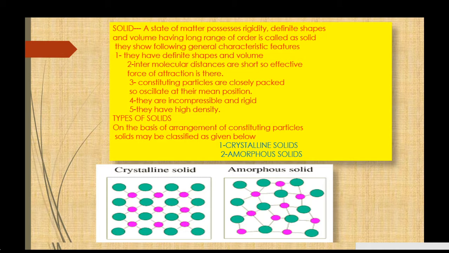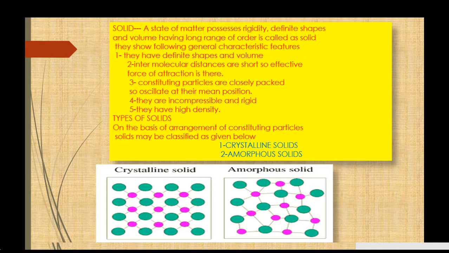But in nature, how can we say that the material which we see looks like solid but is not solid? For example, glass looks like solid, but it is not solid.